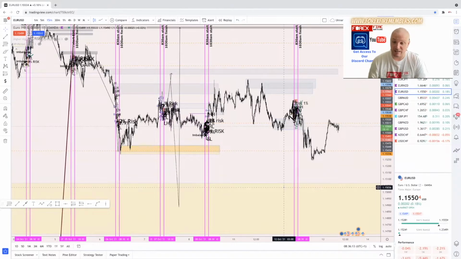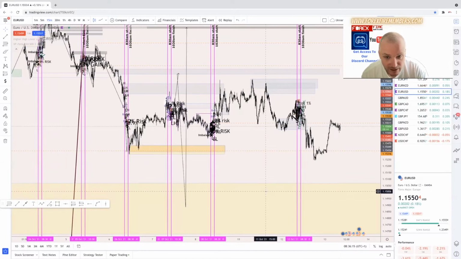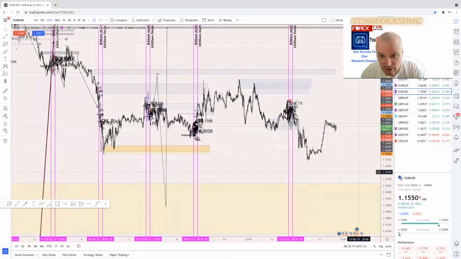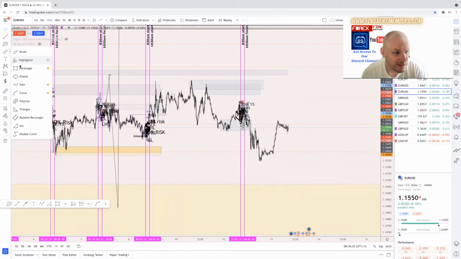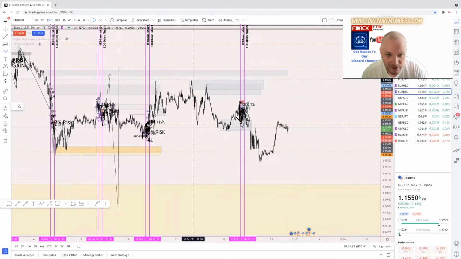Now, that's fantastic. But first of all, let's have a look at the general move of what's happening with this price. So what we've got are these highs and lower lows.